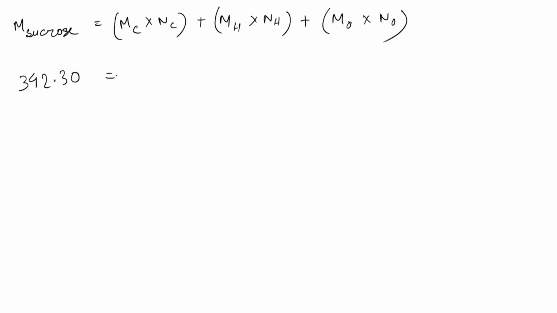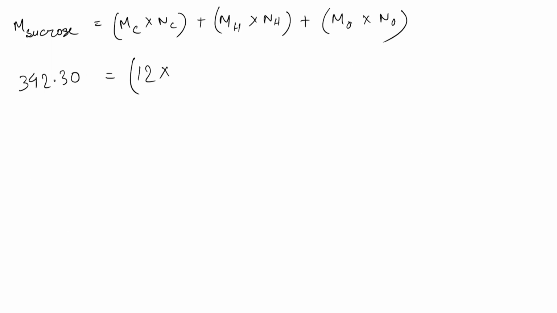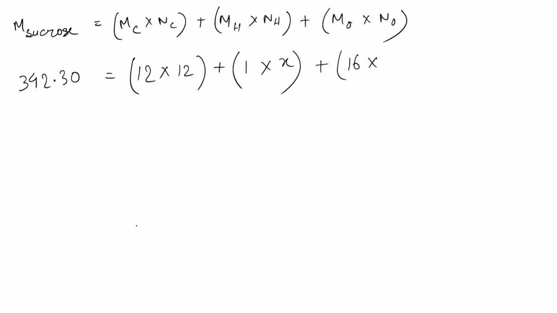This is equal to mass of carbon, that is 12, into how many carbons are there? 12 carbons. So into 12 plus mass of hydrogen is 1 into number of hydrogen is X. Okay, we have to find out. Mass of oxygen is 16 and number of oxygen is 11. Okay.